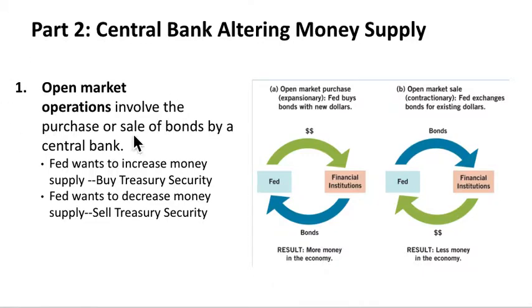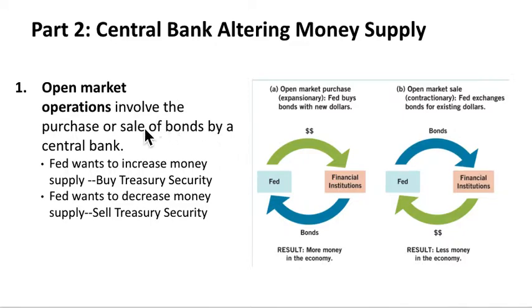So in open market operations, the central bank can increase or decrease the money supply by purchasing or selling bonds. So we remember from the last video that bonds are basically an IOU. So if I wanted to start my own coffee shop, I would have other people buy bonds, I would sell them, and so then I would be gaining money.